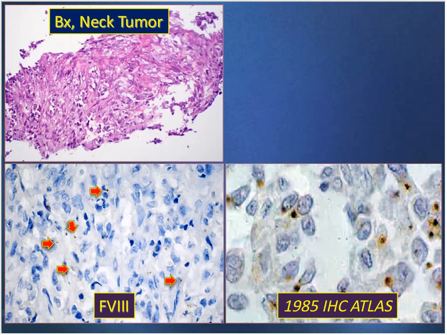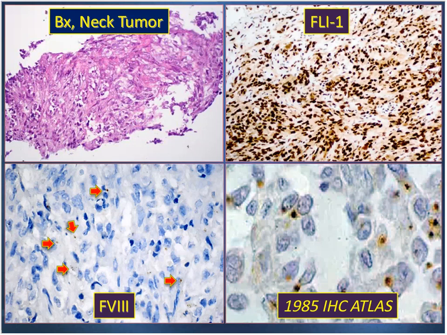But with the availability of FLI1, one can use this one, and it is as clean as it could be, nuclear staining, as you can see in almost all the tumor cells in this particular small biopsy, which was otherwise very difficult to interpret.